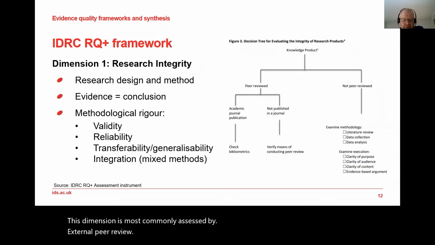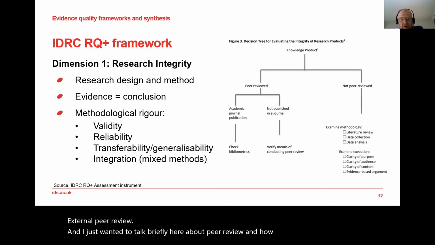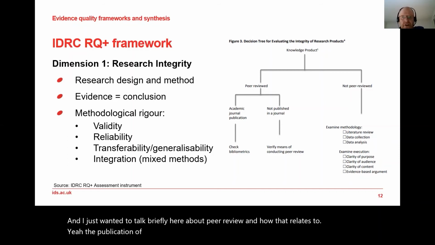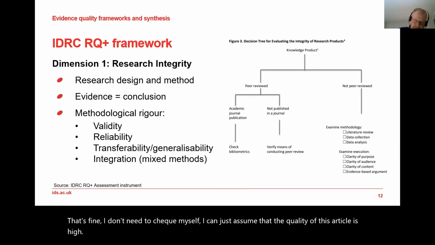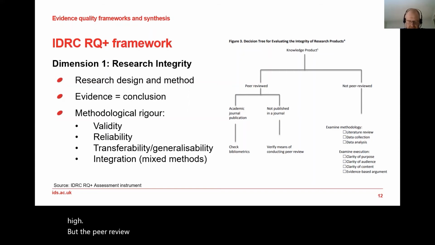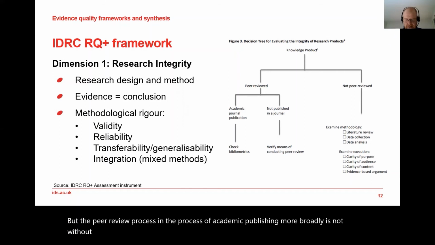And I just wanted to talk briefly here about peer review and how that relates to the publication of research in peer-reviewed journals. But the peer review process and the process of academic publishing more broadly is not without its issues, and it's worth just briefly highlighting that.